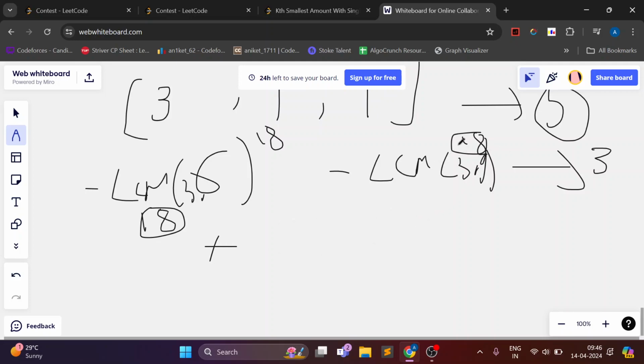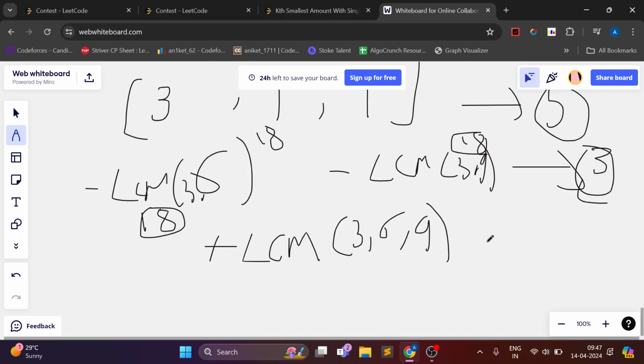So to make that correct, I have to add that occurrence of 18 once again. So I have to add all the multiples of the LCM of 3, 6, 9 into the current answer.